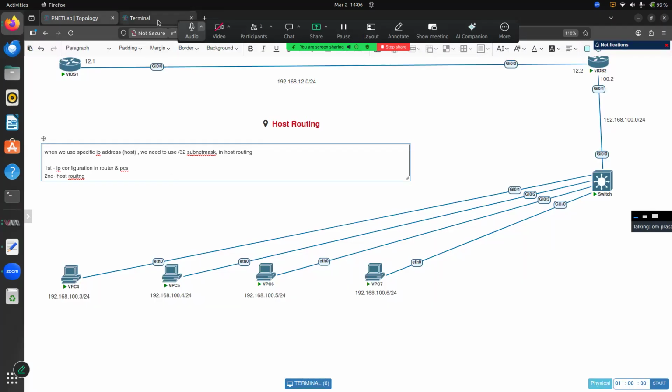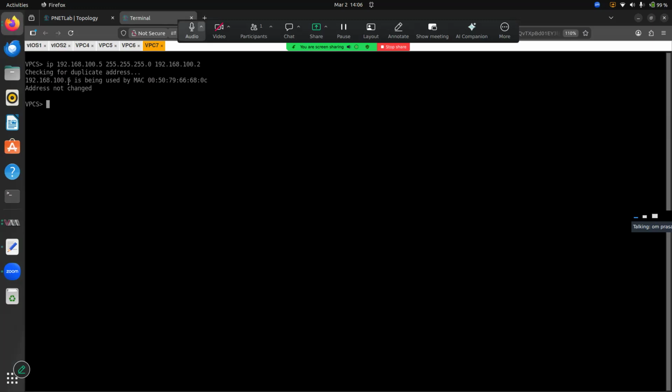See, I already configured this 5 on PC6. That's why it is showing the address is in use. If a duplicate IP is there, then this IP will not be taken. You have to give another IP here. 100.6, 255.255.255.0, and the gateway. Now it is taking, no duplicate address. Okay.